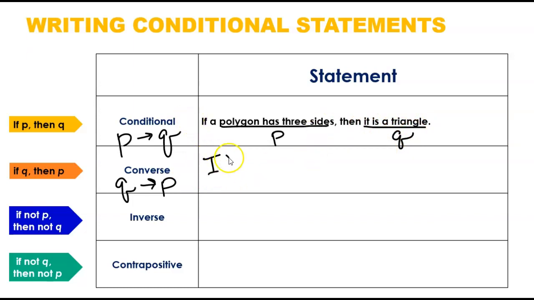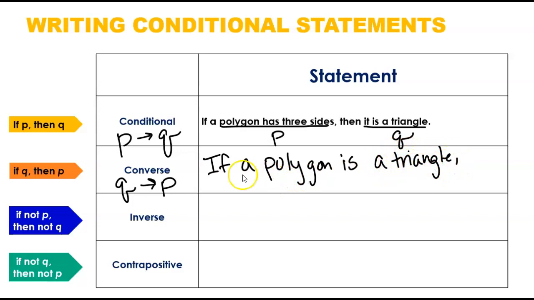So we're going to say, if a polygon has or is a triangle, then it has 3 sides. Perfect.